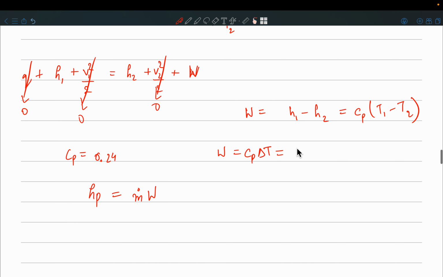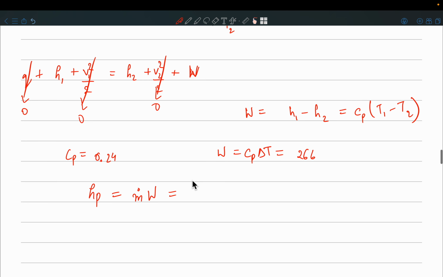Okay, so I'll give you the answers here. This is 266. Right, that is if you are doing it in the SI units.